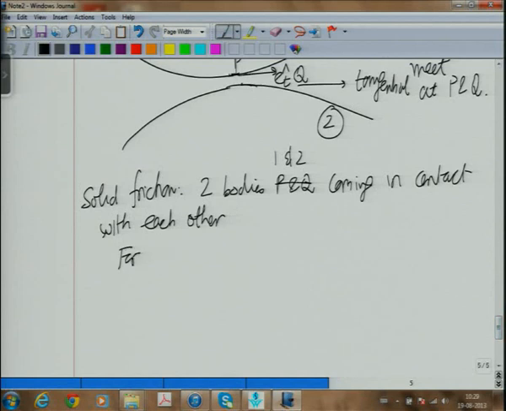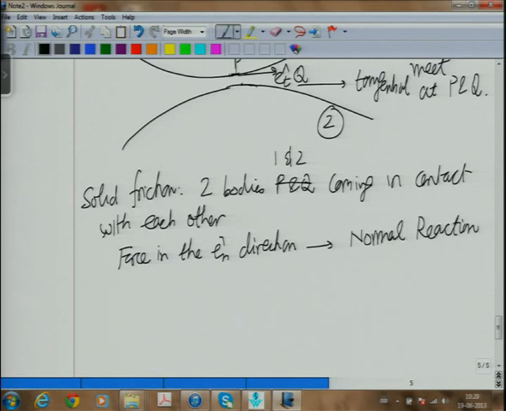The force in the normal direction, if it is a point force, then we call it a normal reaction.